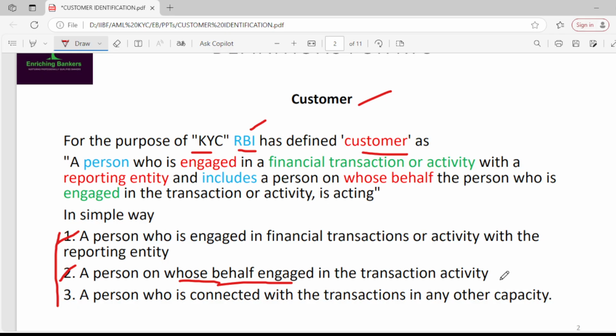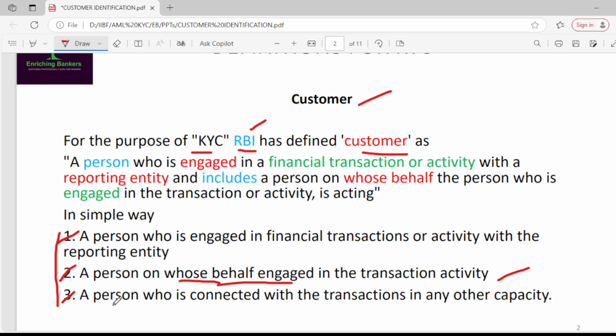In this example, Mr. B is physically conducting the transaction. Mr. B is physically engaged in the transaction or activity on behalf of Mr. A. So, this person can also be treated as customer.